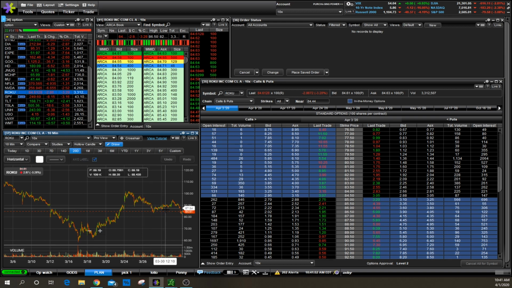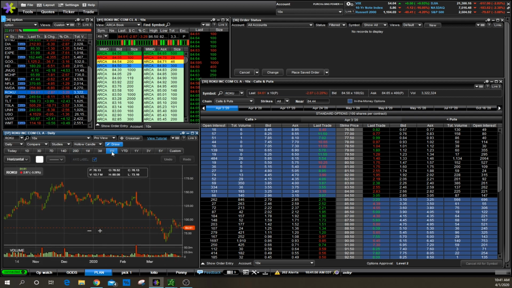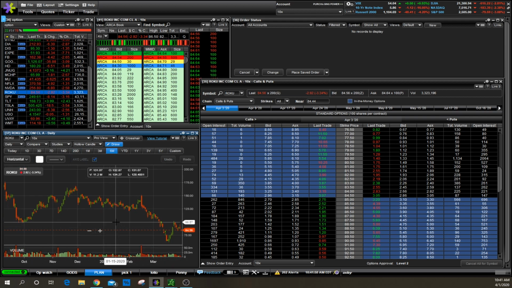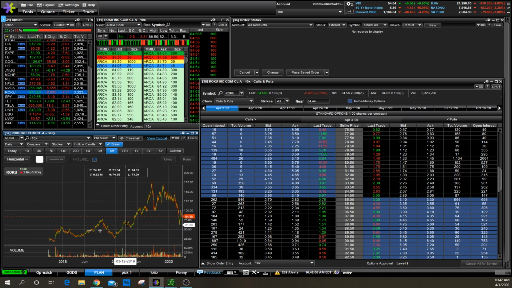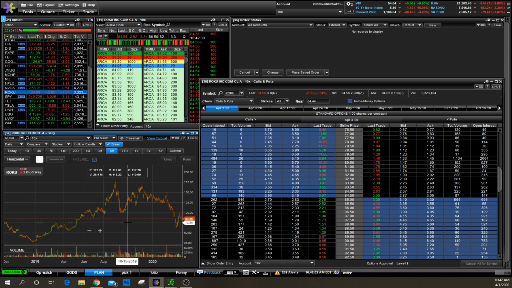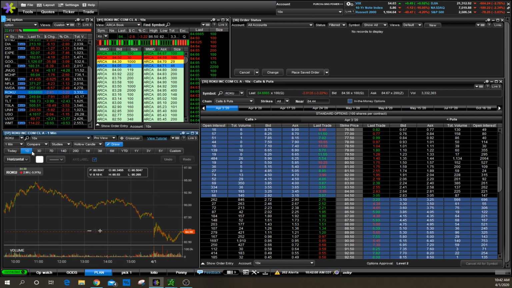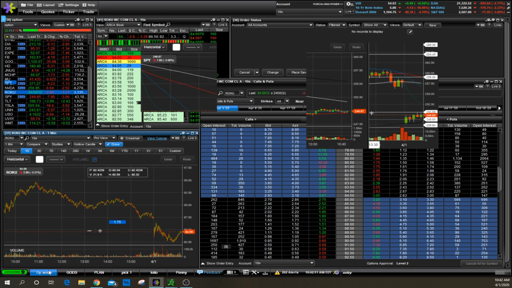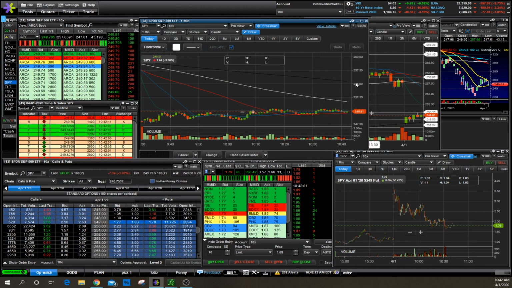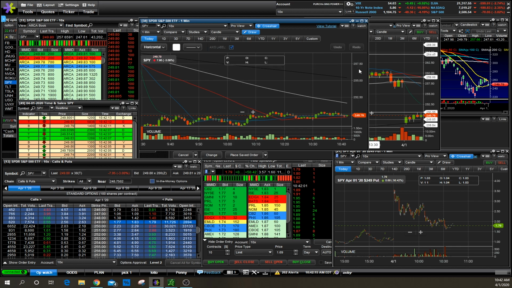I don't know why this would want to drop any further if everyone's using that service, but it's going to go with the market. This volatility and sell-off has been wild. Check the SPY. Yeah, very slow action.